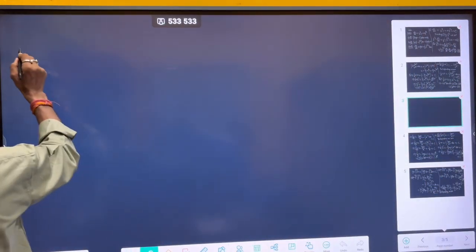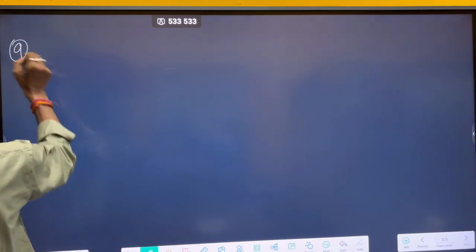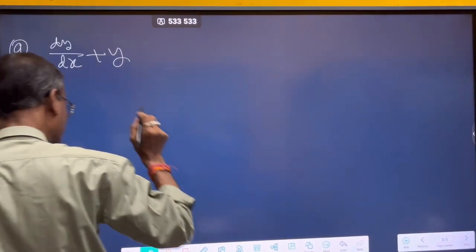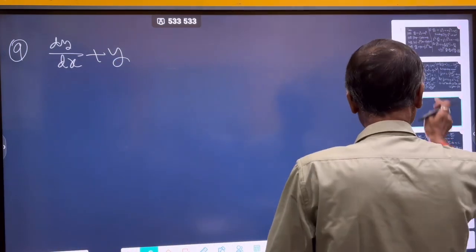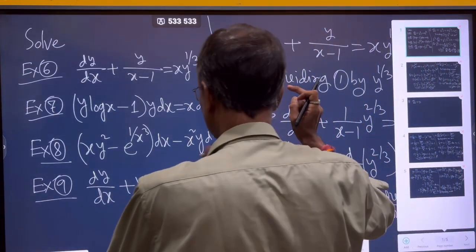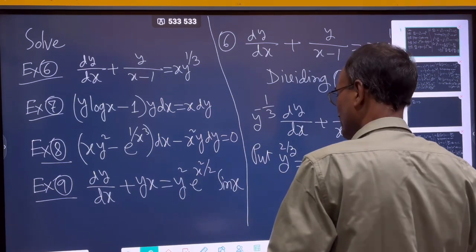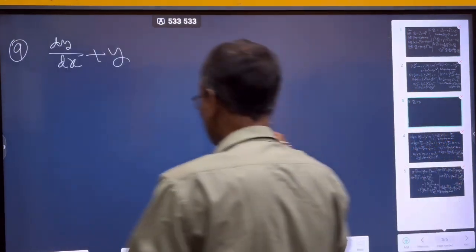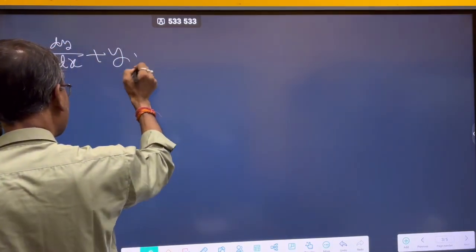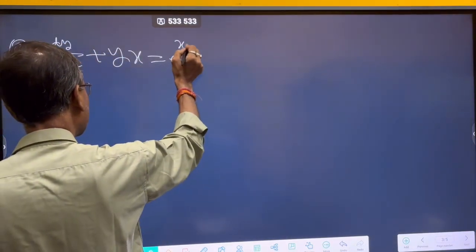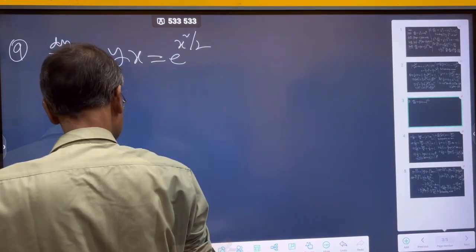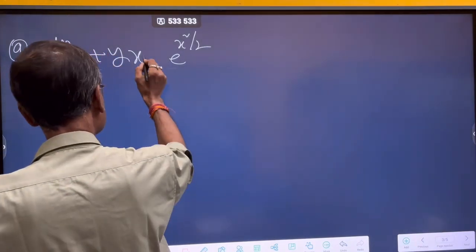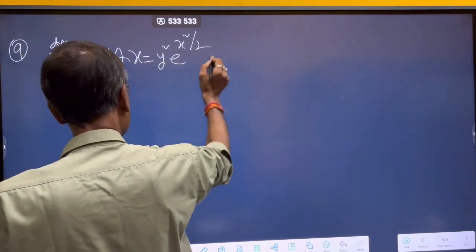dy by dx plus yx equal to y square e to the power x square by 2 sin x.